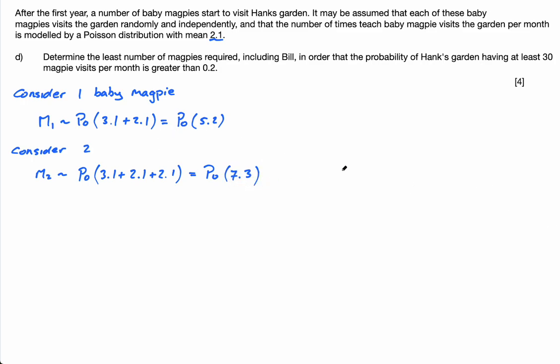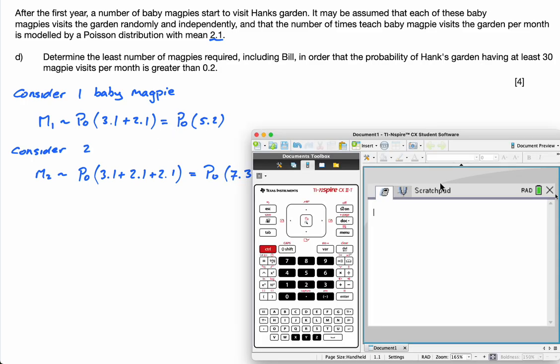Now, the way we're going to figure this out is kind of like trial and error. You used to need to know how to use the formula for the Poisson distribution. You don't now, although you could do it that way, but you're not expected to use the formula, so let's just do it this way.